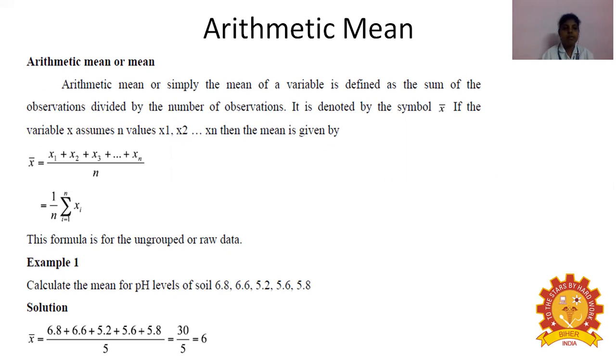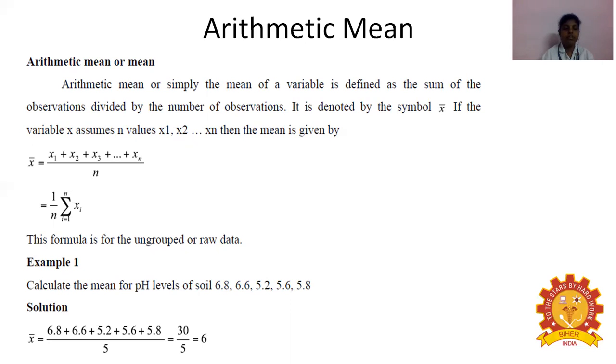Let's see an example for arithmetic mean. The problem is to calculate the mean for pH levels of soil: 6.8, 6.6, 5.2, 5.6, 5.8. Now come to the solution. Our aim is to find the mean, that is x bar.